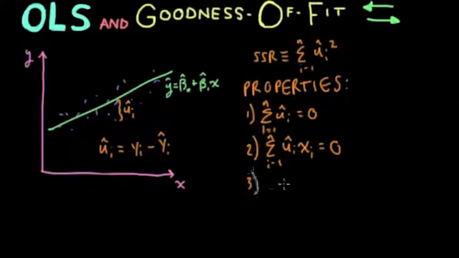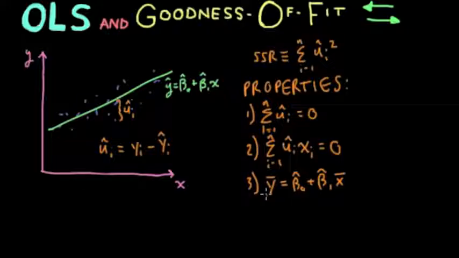The third property is the mean of y, so y bar, is equal to beta 0 hat plus beta 1 hat times the mean of x. So this one might look a little bit more intimidating at first, but it's essentially very simple.